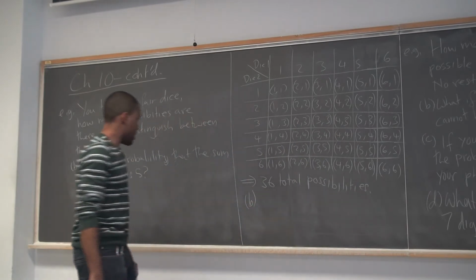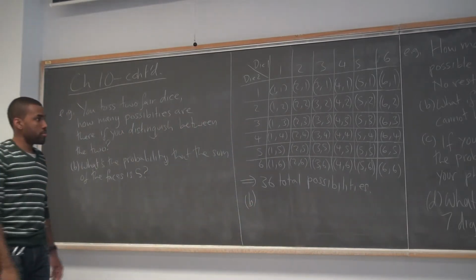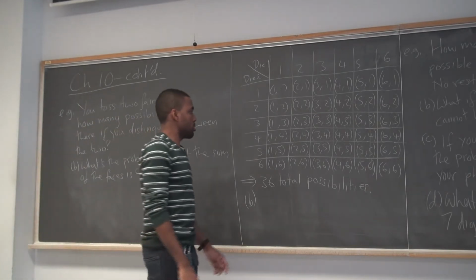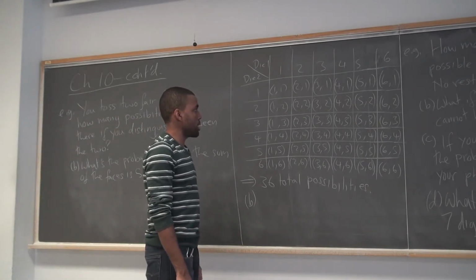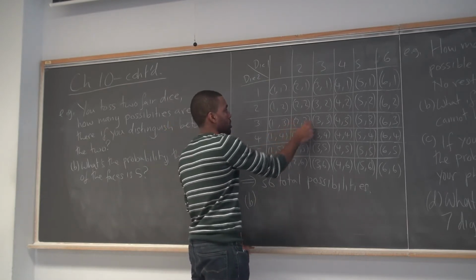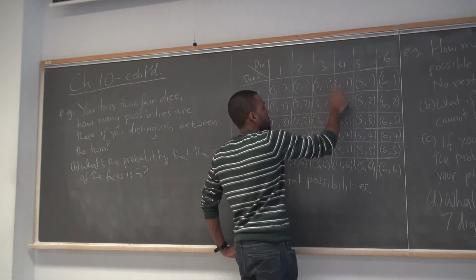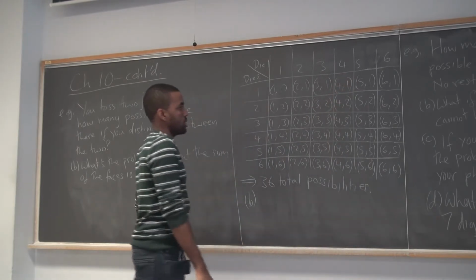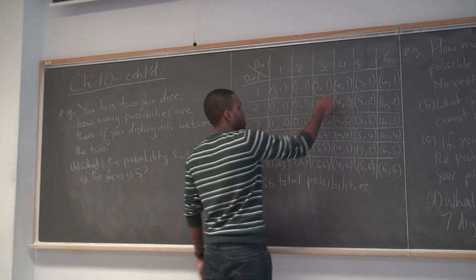For B, what's the probability of getting the sum to be a 5? Well, we'd have to figure out in which outcomes we actually get a sum of 5. Well, 1 and 4 we'd get it, 2 and 3 we'd get it, 3 and 2 we'd get it, 4 and 1 we'd get it. And that's it. There were 1, 2, 3, 4 ways.